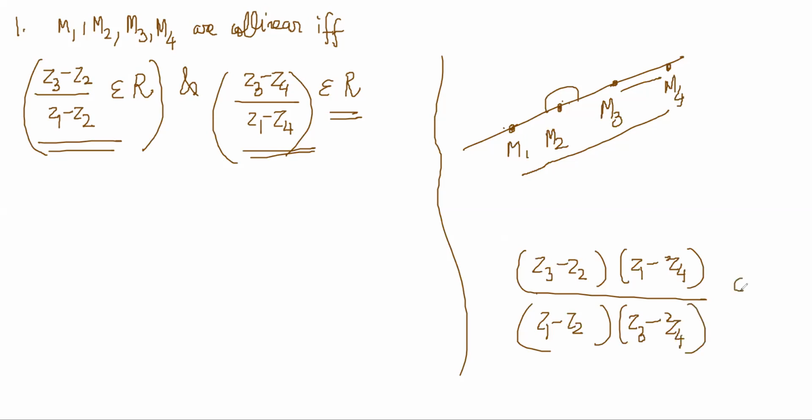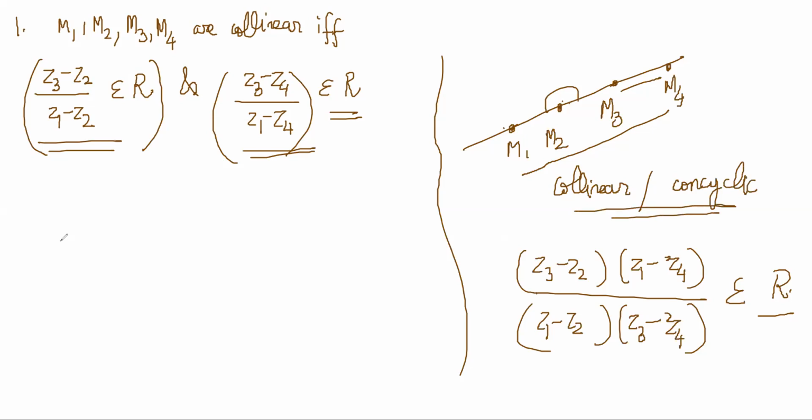This overall thing was also real, right? But this was for both collinear and concyclic, right? But the overall thing is composed of two things which are individually also real. For collinear, the parts are also real. For concyclic, what we will say is the overall thing is real.